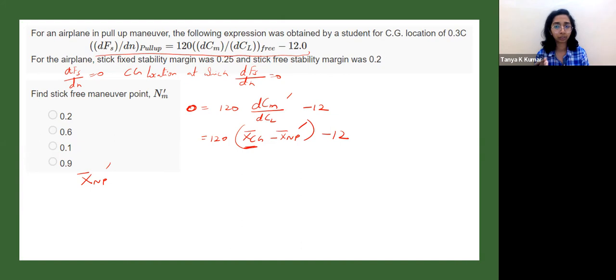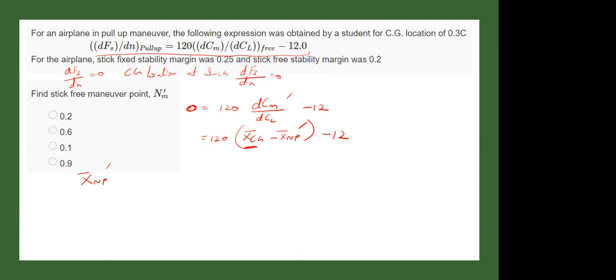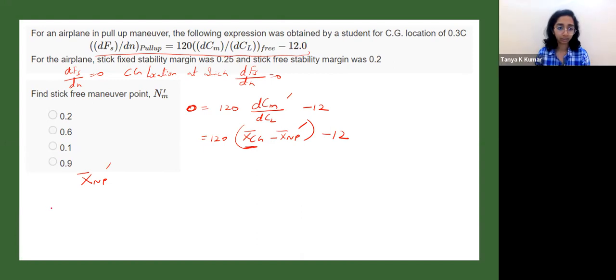They've given you the equation, they've given you the CG location. We will take the value of the stick-free stability margin, which is X bar NP prime minus X bar CG. So the stick-free stability margin is 0.2, which is X bar NP prime minus the current CG location of 0.3. So X bar NP prime is 0.5.